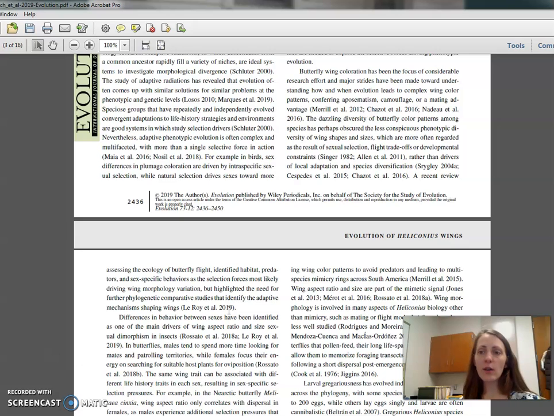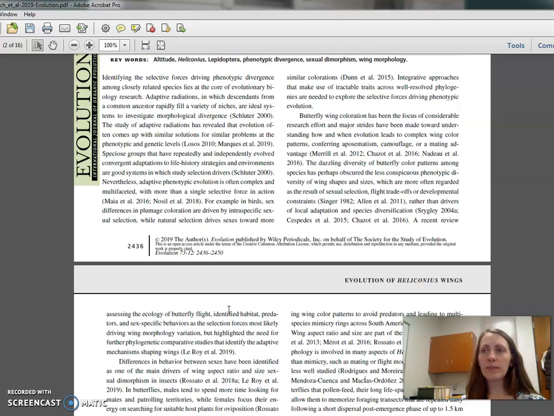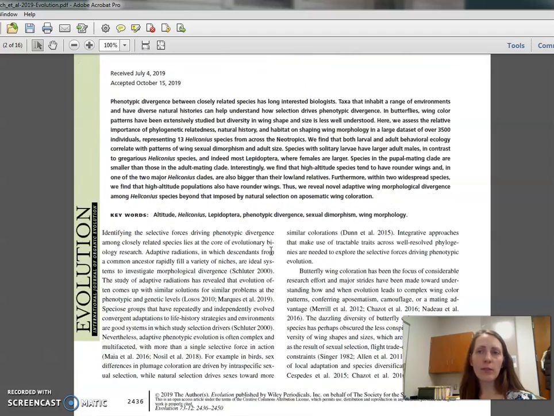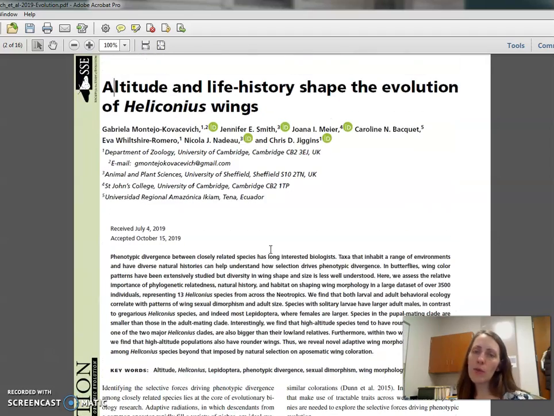In this case, we are interested in evolution of butterfly wings and diversification among species in this genus Heliconius. So what are we studying? The influence of altitude and life history on the evolution of these wings. So we've got some broad evolutionary phenomena. We're thinking about microevolution, and we're thinking about diversification within a genus.